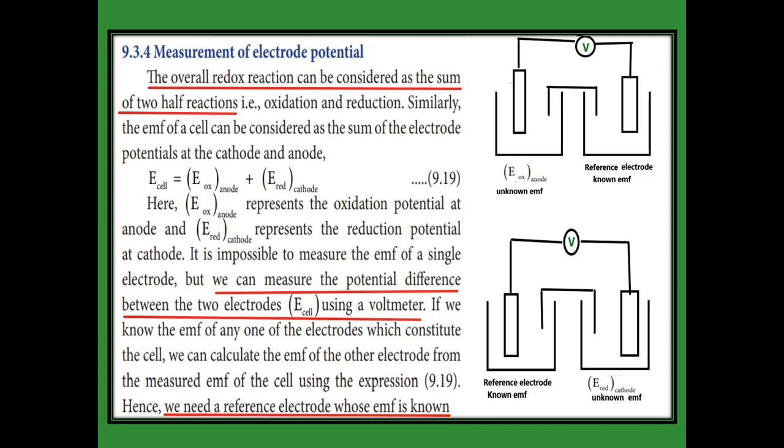Means with formula 9.19 we can find out the EMF of the unknown anode half-cell. The same way, suppose the reference electrode we fit in the anode, we can find out the cathode reduction EMF of the unknown. So we need a reference electrode to find out the unknown EMF.